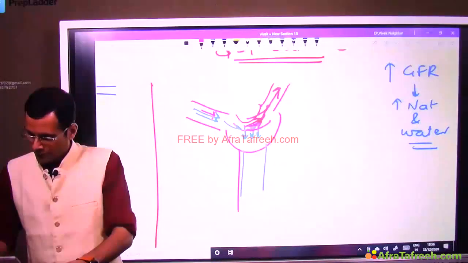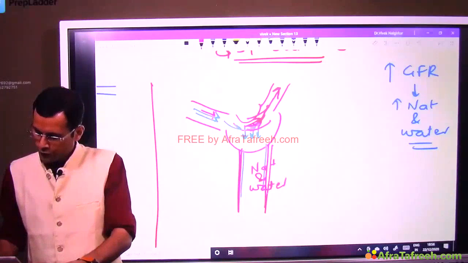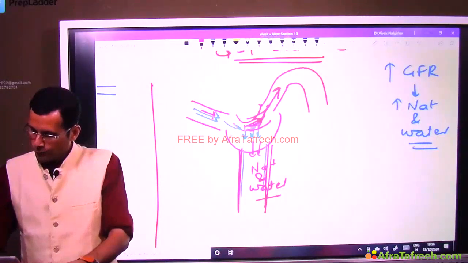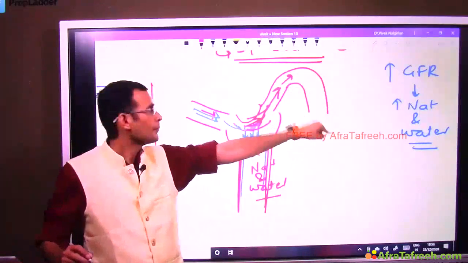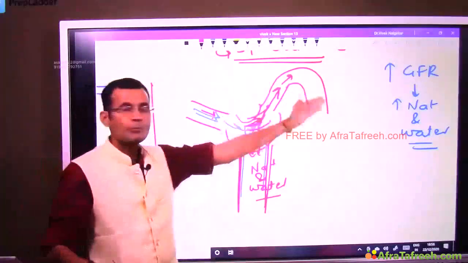So imagine that the PCT has a lot of sodium and water which was filtered, and the efferent arteriole which came out of the glomerulus now has a high concentration of proteins.